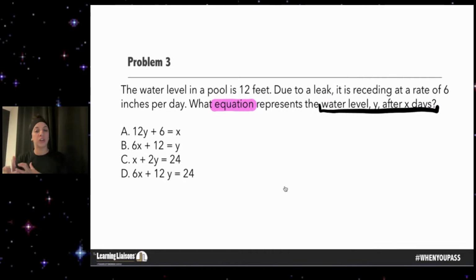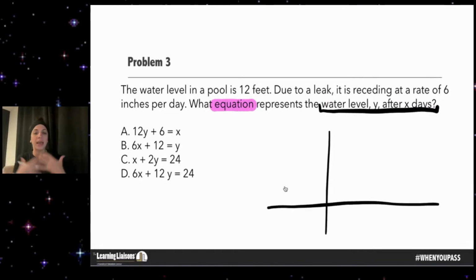And knowing what those variables are supposed to mean is really critical. So the water level in a pool is 12 feet. So if I'm thinking about this as like a graph, what am I starting with? I'm starting with 12 feet.